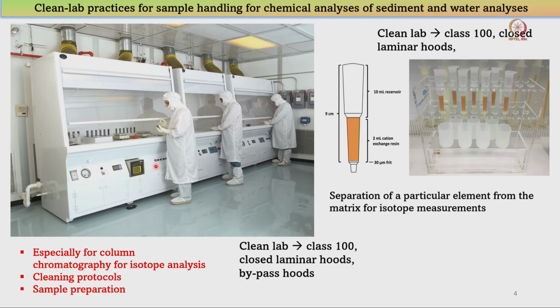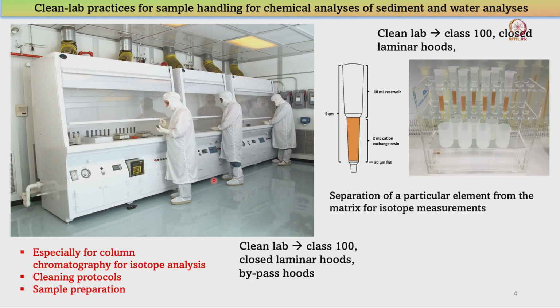In the laminar hoods, the chemistry is actually protected. The air from outside will never enter this. This is at a much higher pressure as compared to the room pressure, so the air will always flow from here to the outside.